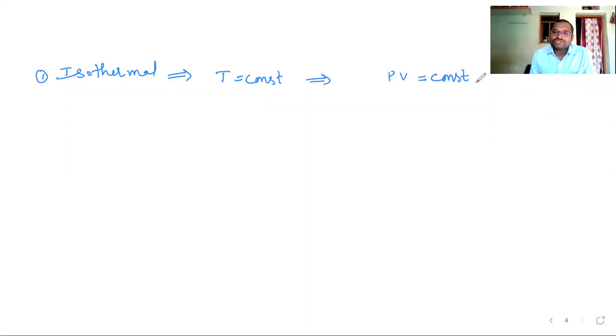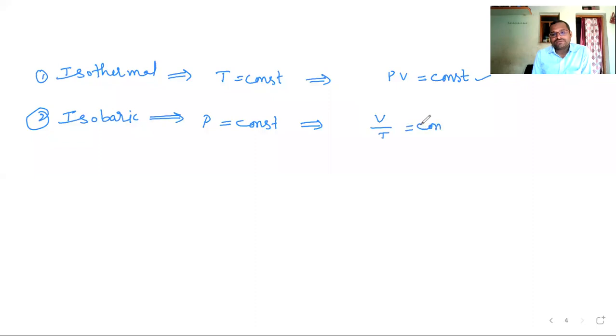This is the equation that we will apply for isothermal process. Whereas for isobaric process, what will be constant? Pressure will be constant. That implies V by T will be constant. From ideal gas equation, I am writing these equations.